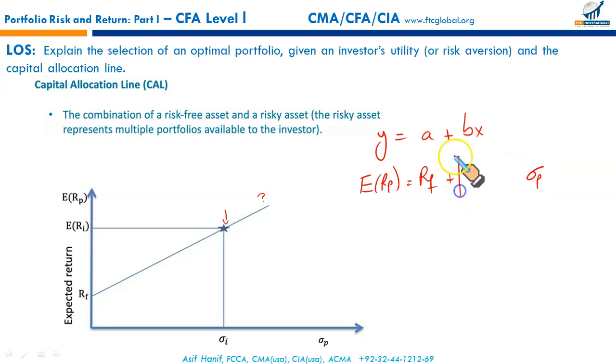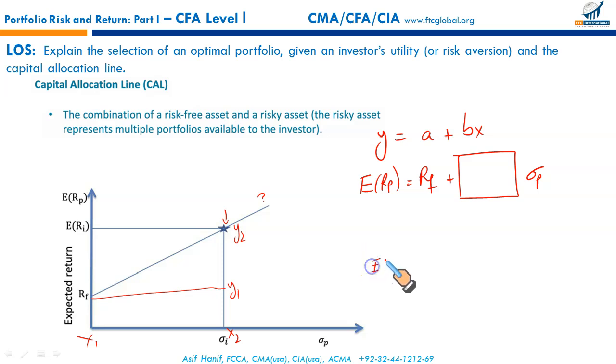And in place of b, we need to find the gradient of this line. Now how do we find the gradient? That is (y2 minus y1) over (x2 minus x1). Y2 is the expected return on the risky asset, minus the risk-free rate, that is y1, over the standard deviation of the asset minus 0.